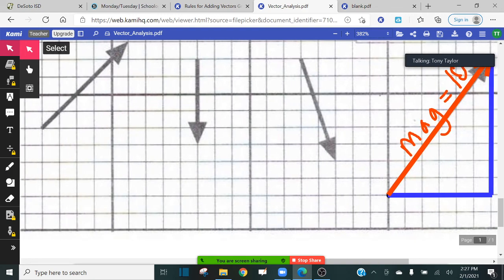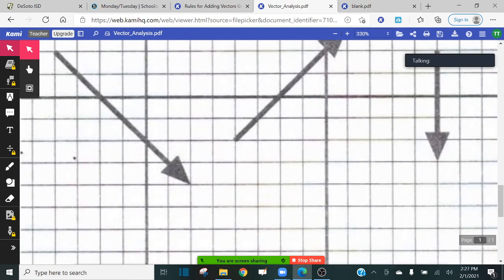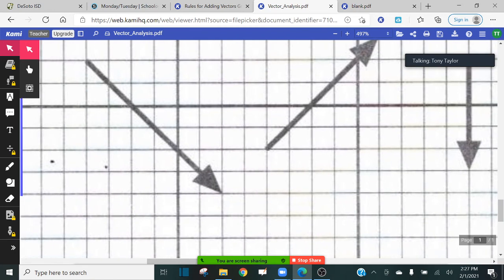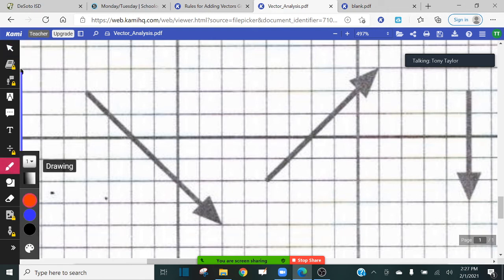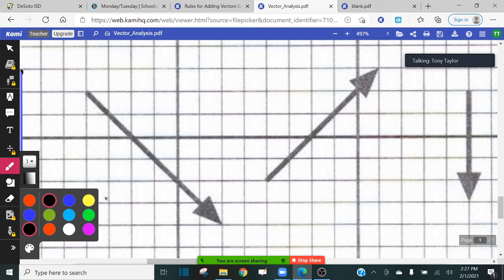To find the magnitude. And guys, don't forget, vectors can also have negative x and y components. For example, look at this vector here. I want to figure out what the x and y components are between this point and that point. So here I'm going to move 1, 2, 3, 4, 5, 6 units to the right, and then 1, 2, 3, 4, 5, 6 units down.